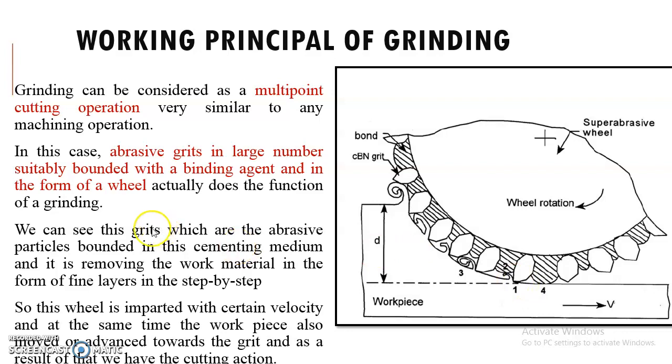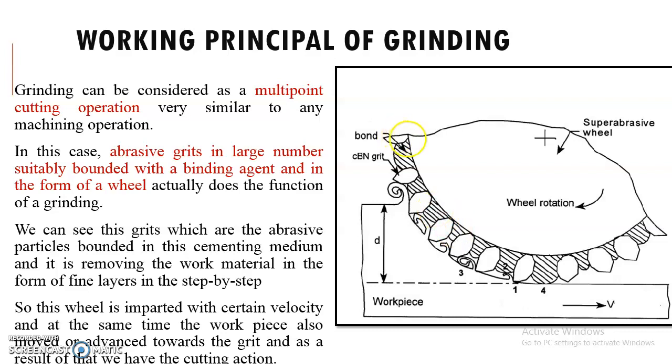We can see that the grits, which are abrasive particles, are bonded with a certain cemented agent. You can observe the hatching line portion. This hatching line portion is called a cemented agent.